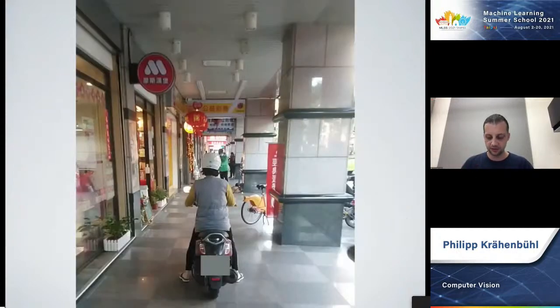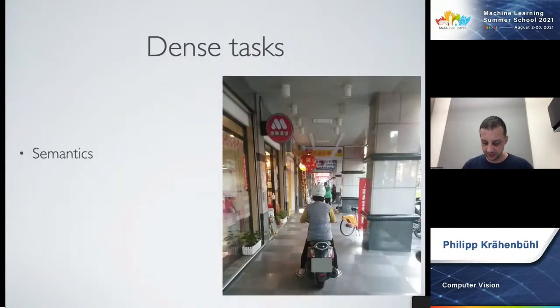One of the tasks that we're going to look at here was already mentioned before, which is semantic segmentation. The goal really here is to say, for every single pixel in the image, what class does the object or the thing under that pixel have?